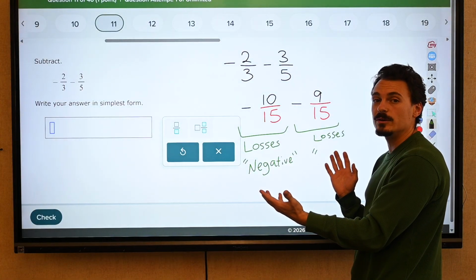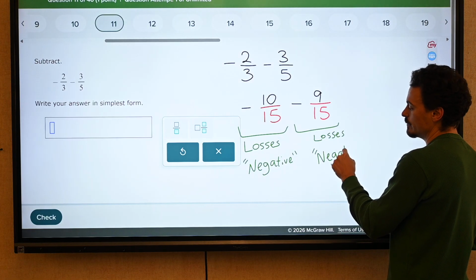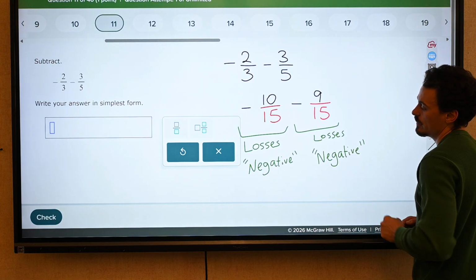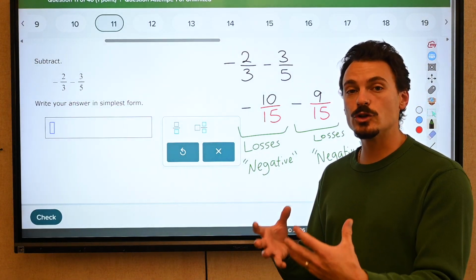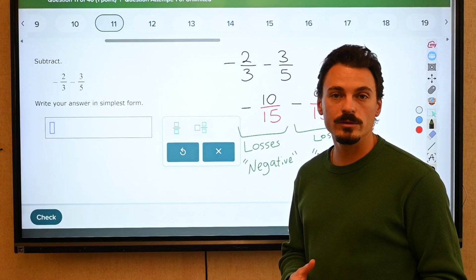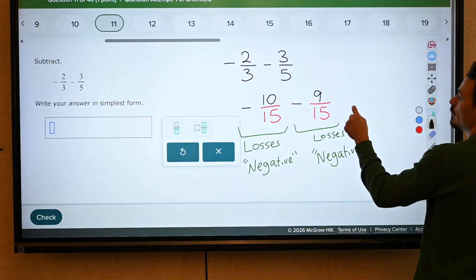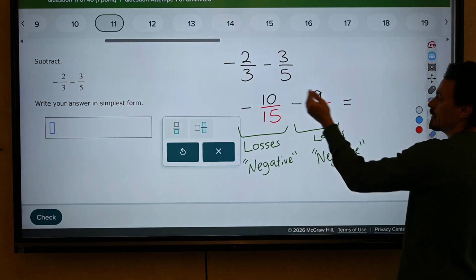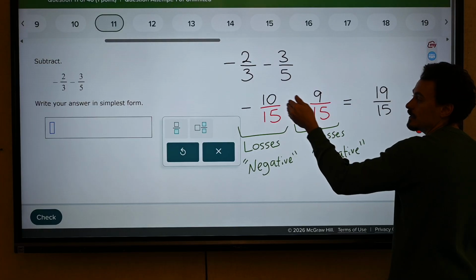If you're in my class, you know exactly what I'm talking about. But if you go back to my adding and subtracting positives and negatives video, you know that whenever I have something that's negative, like a negative term, that's like losing value, right? So these are losses and losses. So together, we're actually adding those numbers together to get 19 over 15. But they're losses because they're negative.